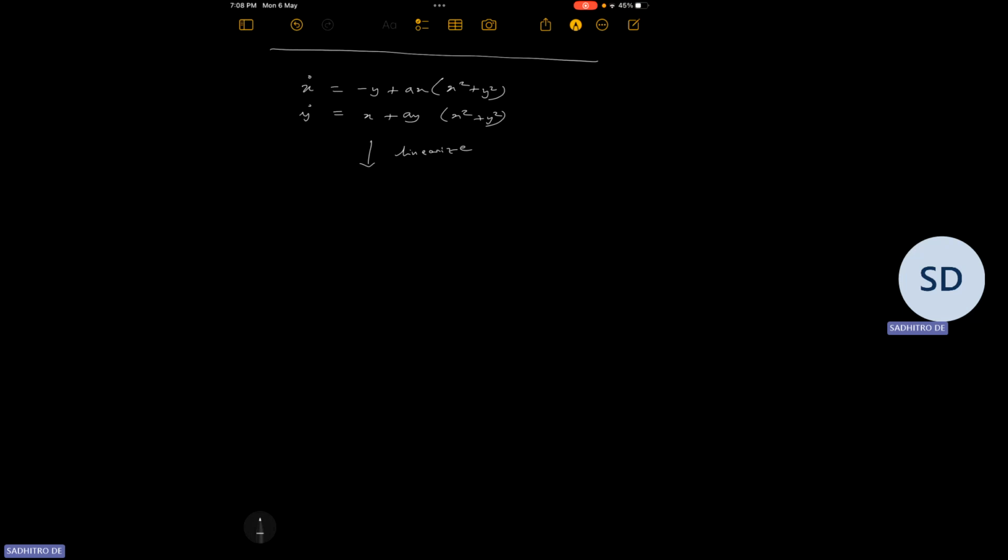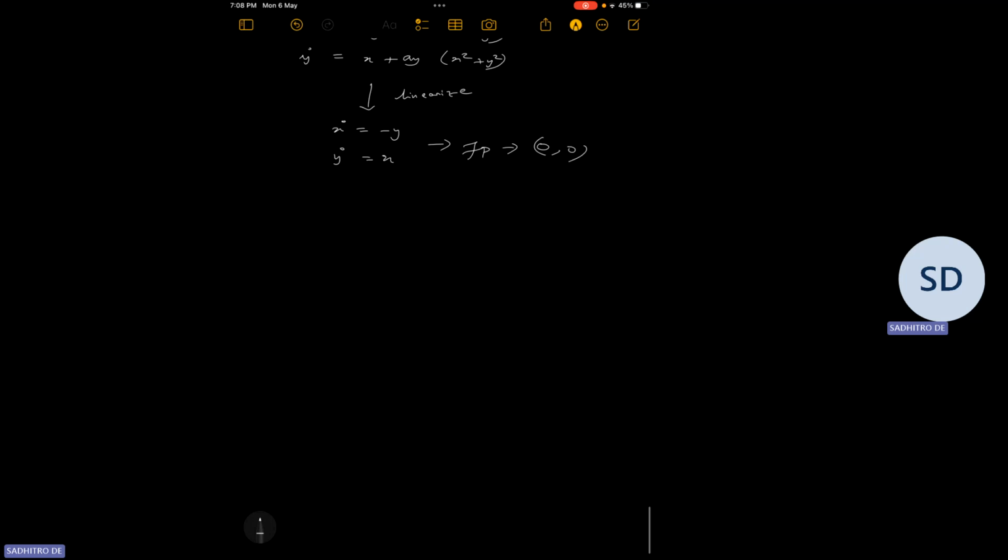So the linearized system becomes x dot equal to minus y and y dot equal to x. So the fixed point is again the origin, and the Jacobian matrix at the fixed point looks like 0 minus 1, 1 0.